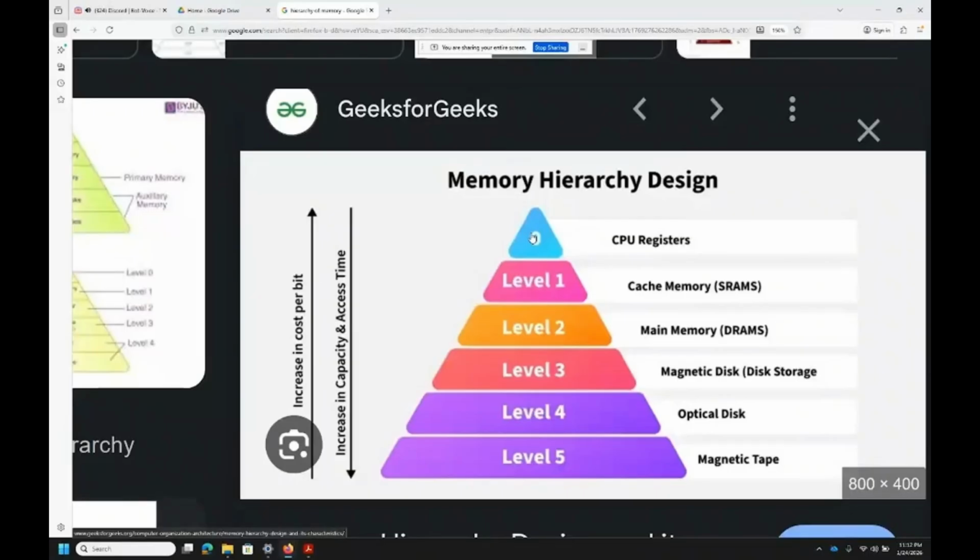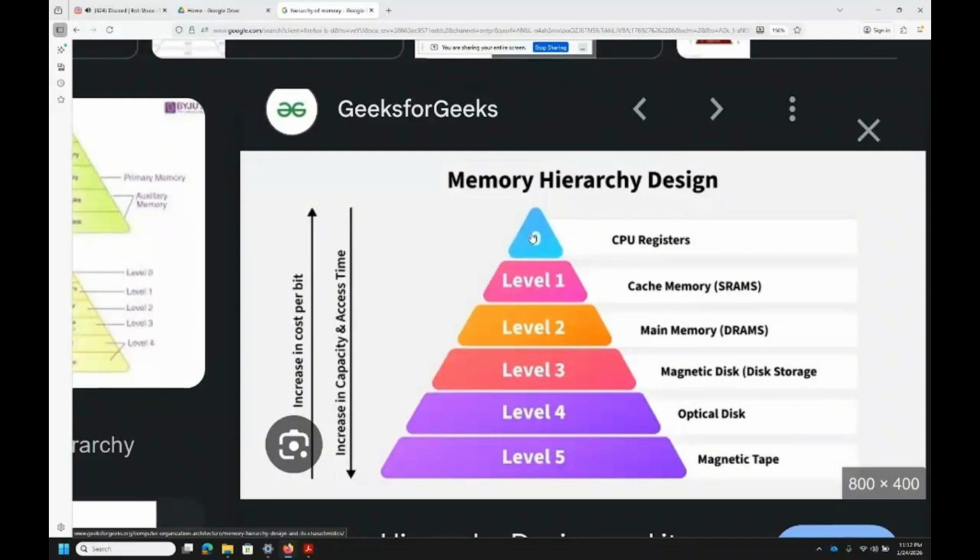Also, the memory hierarchy is something known as a true hierarchy. Does anyone here know what a true hierarchy is? So, a true hierarchy is a hierarchy where the level below has all of the information that the level above it has. So, basically, your cache has all of the data of the registers.